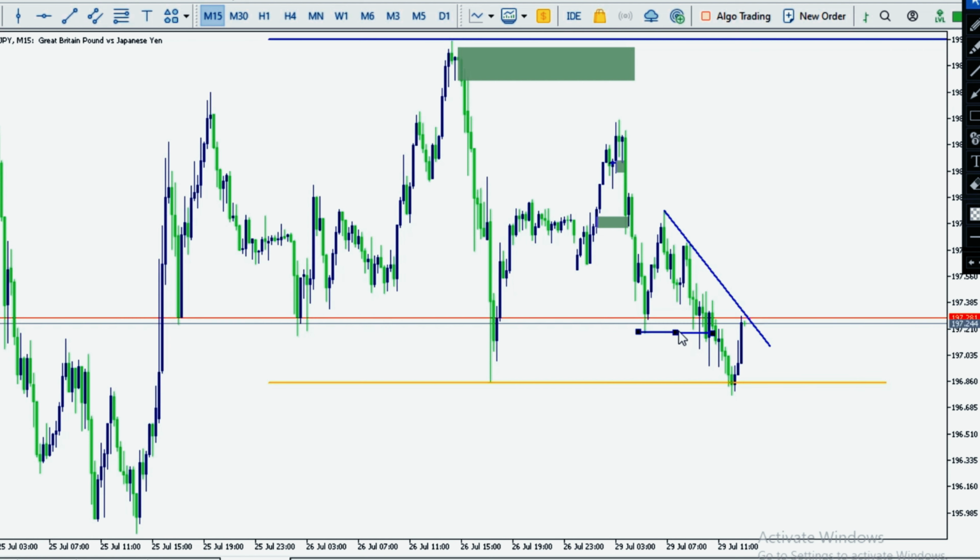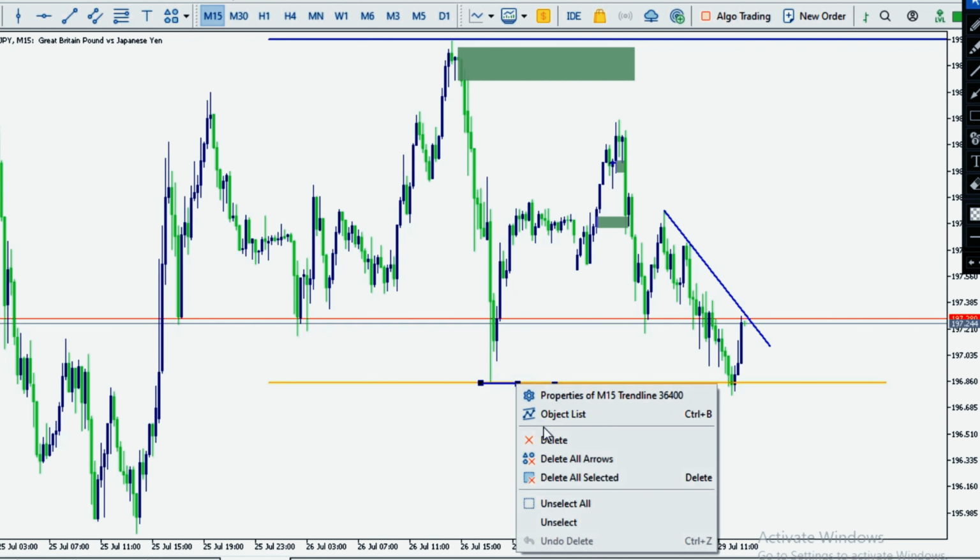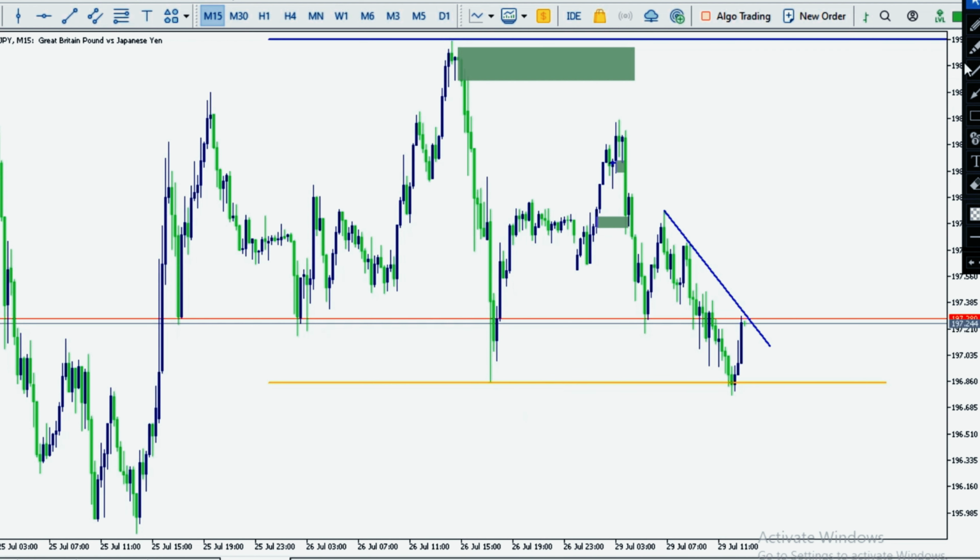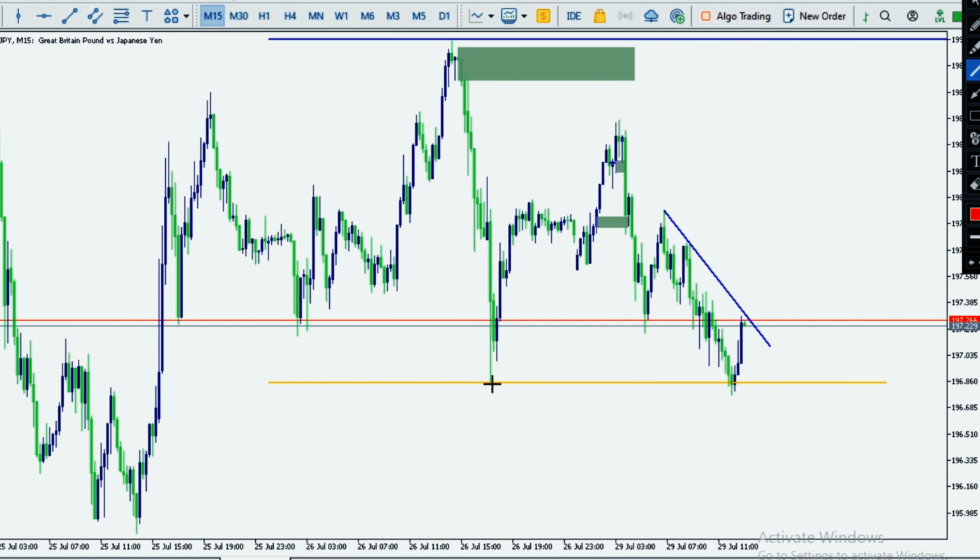It did break below this recent lower low, it tells us that it's a selling market. This market is selling, it's not buying.